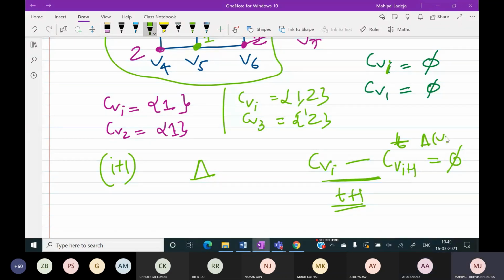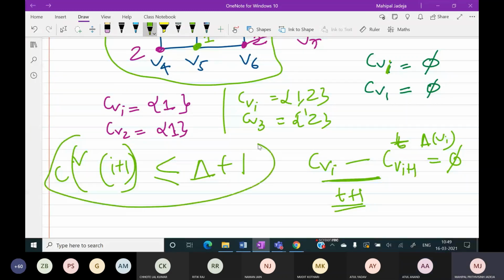So can I write it like this? The color of V_(I+1) will always be less than or equal to delta plus 1. Does it make sense?